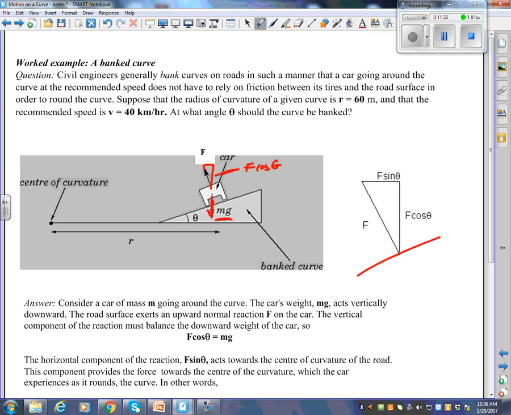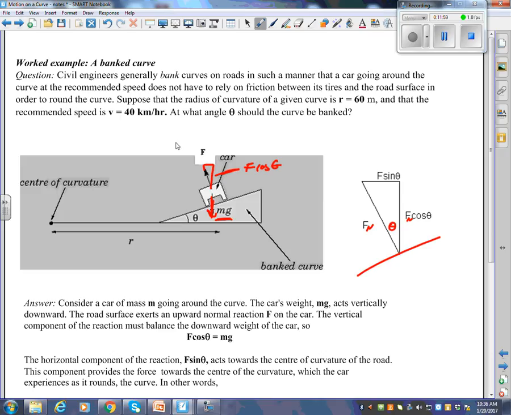This mg, this bit down here, has to be balanced by that one, right? Are we good with that? And this is F normal. And we know that this angle here is equivalent to that angle there, right? So this is really Fn cos theta.